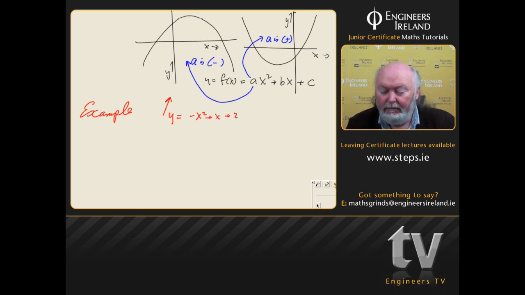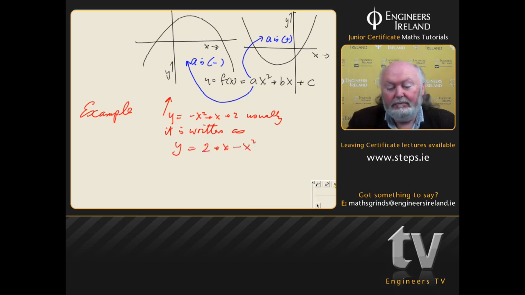But usually it is written as y equals 2 plus x minus x squared, so that you'll normally see the x squared term with its minus towards the end of the function.